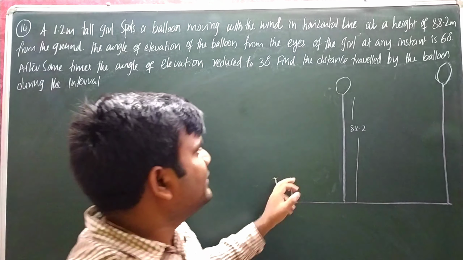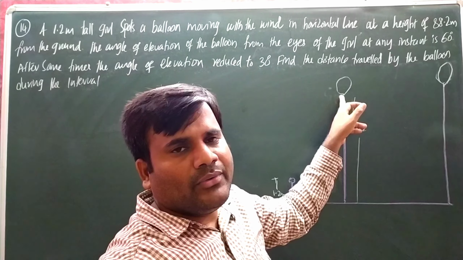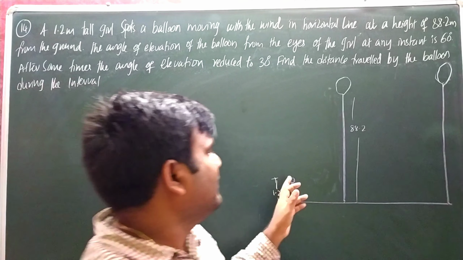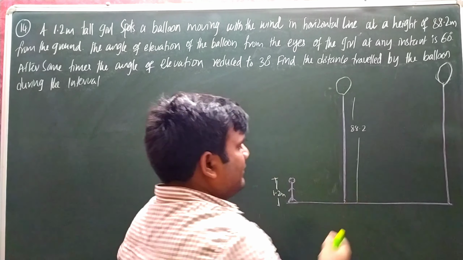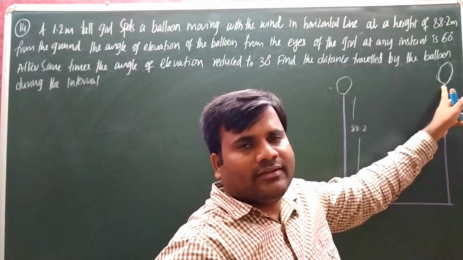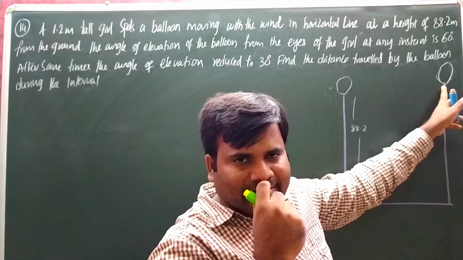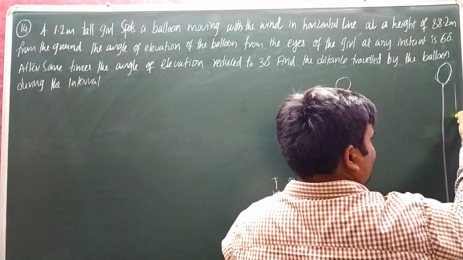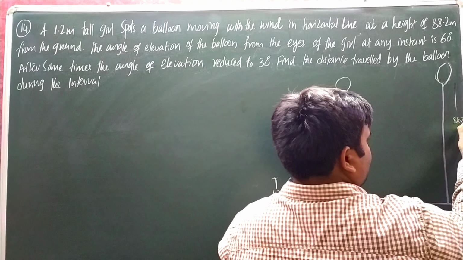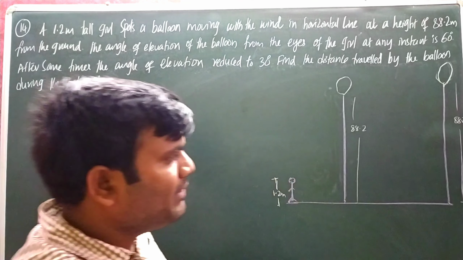So first the angle of elevation is 60 degrees; after some time the balloon moved from here to here, and again she observed the angle of elevation is 30 degrees. The height from the ground is 88.2 meters.